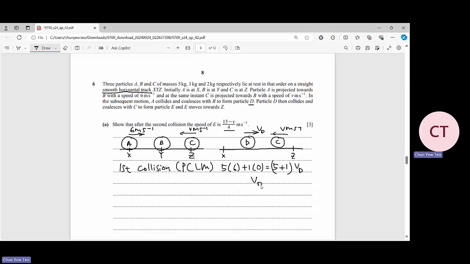So from here you can get vD equals 5 meters per second.